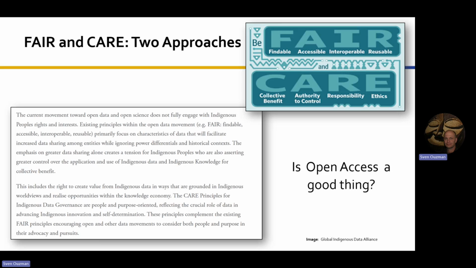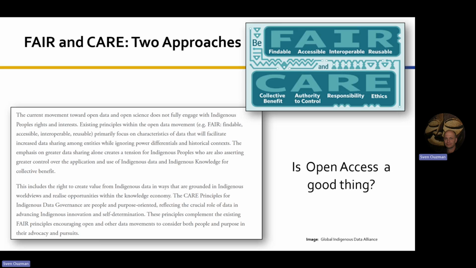In FAIR, so findable and accessible, a lot of this is also geared towards machine learning. It wants to have knowledge available, easily accessible through different systems, interoperable and reusable in lots of different contexts by lots of different people. This doesn't always sit well with Indigenous groups who say there needs to be collective benefit, not just of the researchers, but of the source community. You get a lot of Indigenous researchers as well. There are all sorts of stakeholders associated with rock art and archaeology and heritage in general, and the benefit should be collective to them.